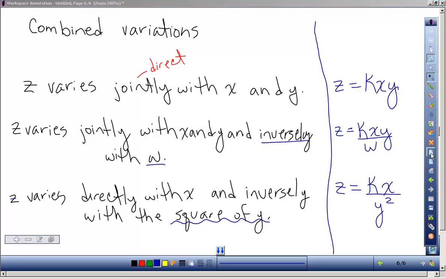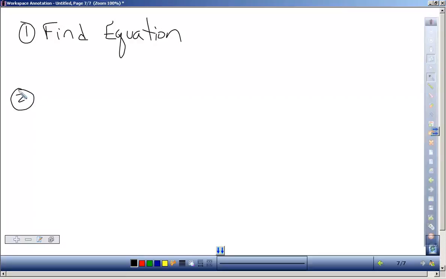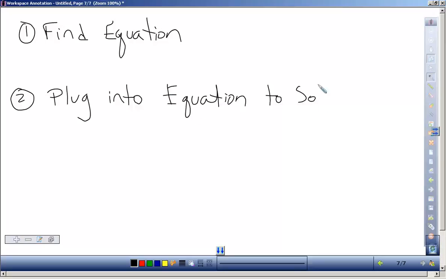We're going to have one situation where we have all of the variables so that we can plug it in and solve for k. So when you're solving problems with variation, the first thing you want to do is find your equation. The second thing you're going to want to do is plug into your equation to solve for k.